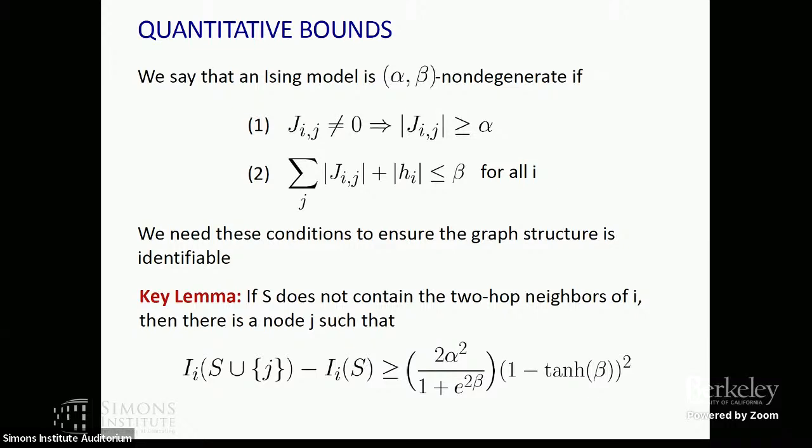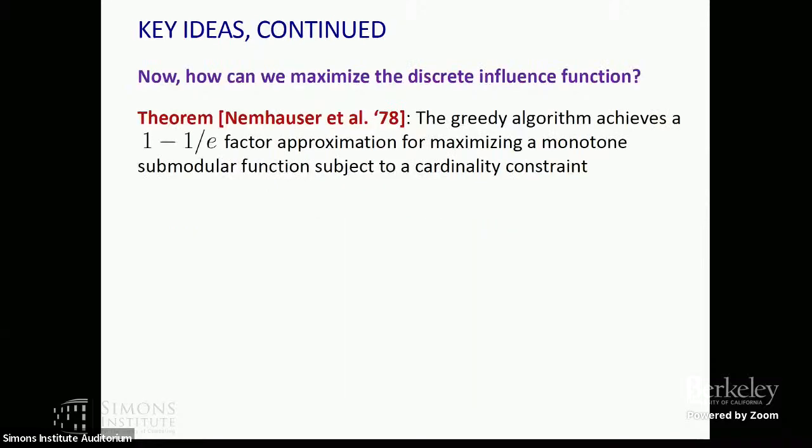In that case, the thing that you can prove to make some of this intuition precise is that if I take the discrete influence function for some node I, and I look at a subset S that does not contain all of the two-hop neighbors of I, then I can do better. I can make the discrete influence function larger by some quantitative amount that depends on these non-degeneracy parameters. So that's the key point.